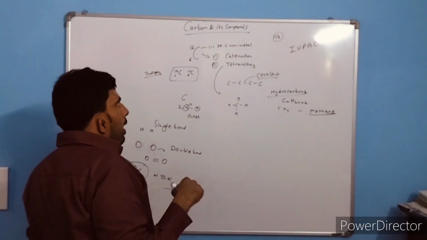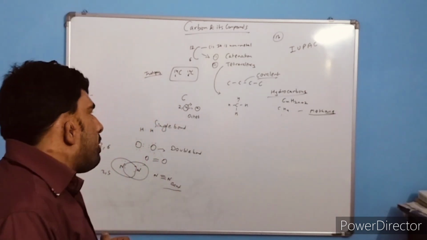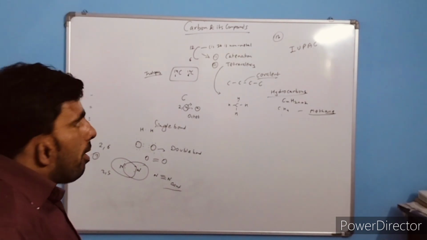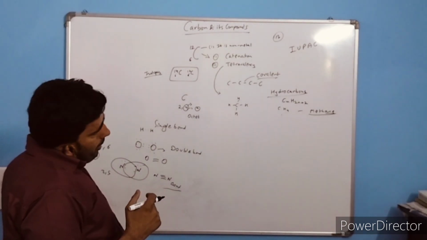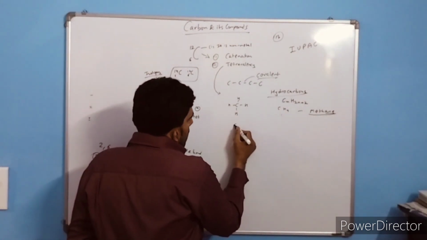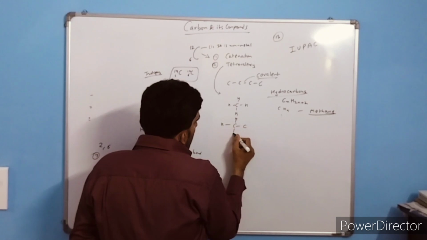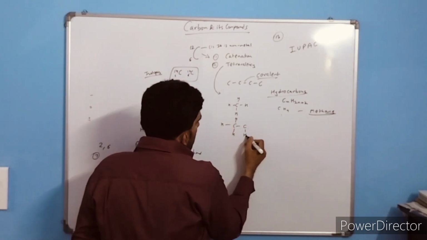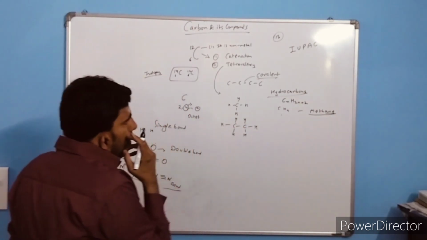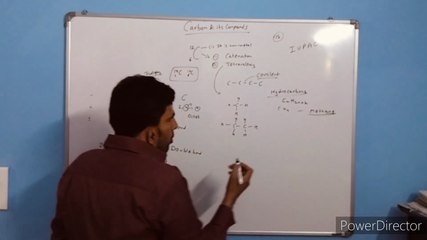Okay, so they have devised how we can name a compound. Now if I increase carbon, what will happen? Here you can see we have two carbons. So what will be its formula?